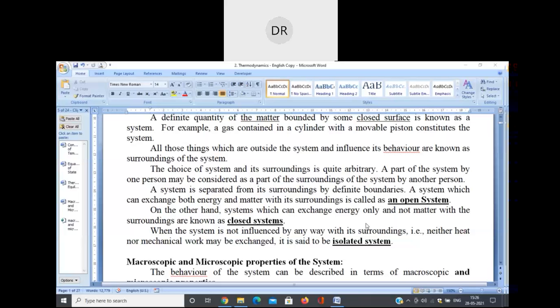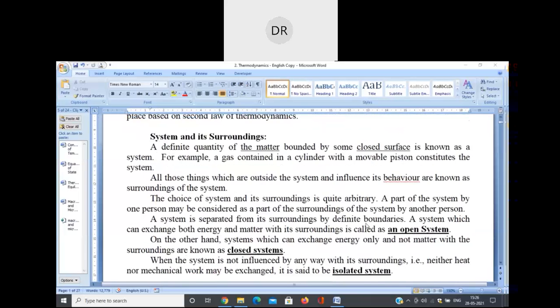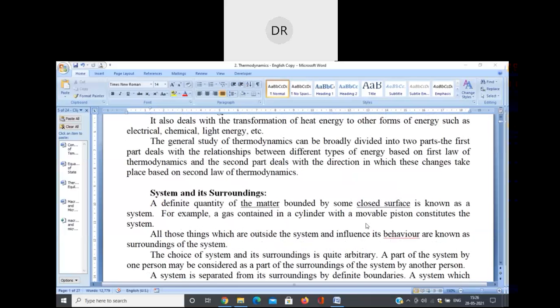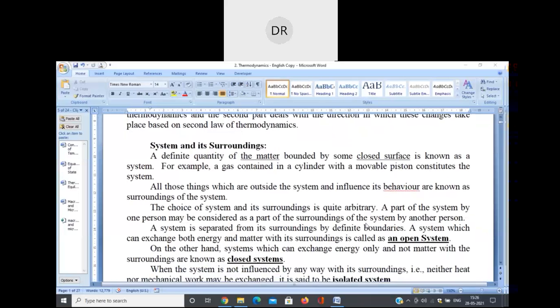So the classification of systems comes from the exchange of matter and energy. This is about system and surroundings. System means a definite quantity of matter bounded by some closed surface.